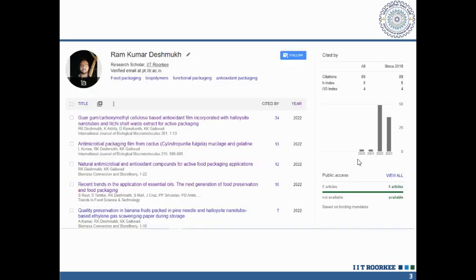And this is my Google Scholar profile. If you're planning to be a research scholar or want to go into academia, you might want to create this kind of profile. Whatever research you are doing, when you get any publication, it will reflect on this profile, along with the citation count, how many times it was cited, the H-index and i10-index.